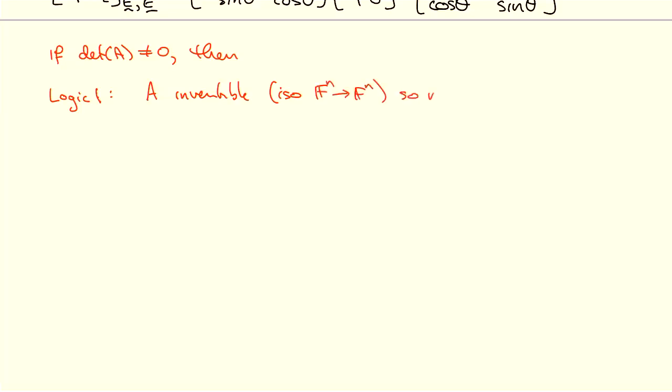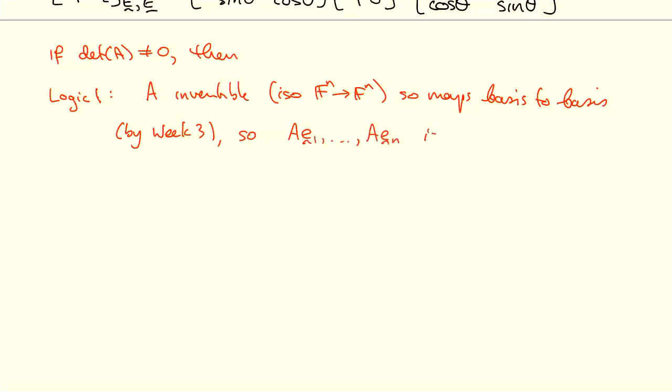So it maps basis to basis, by week 3 or something. So AE1 up to AEN is a basis, but these are just the columns of A.